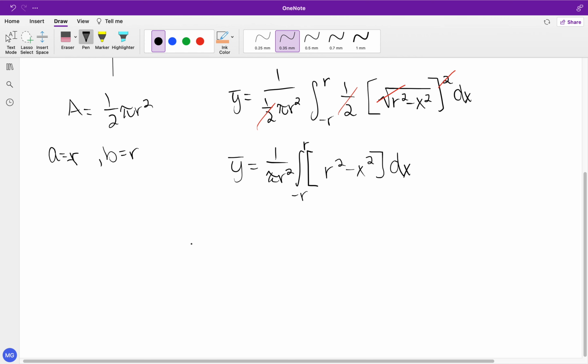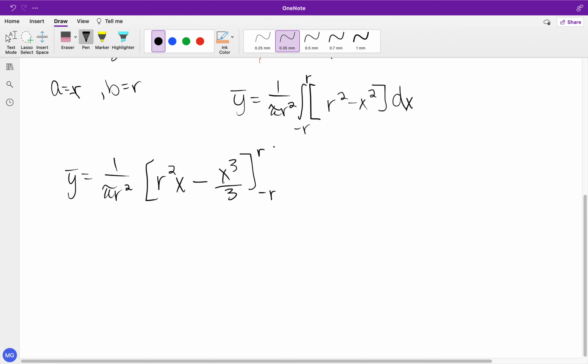Now we can integrate, and we will get that y bar equals 1 over pi r squared times r squared x, because we have to treat r squared as a constant since we are integrating in terms of dx. And then we get minus x cubed over 3 with boundaries from negative r to r.